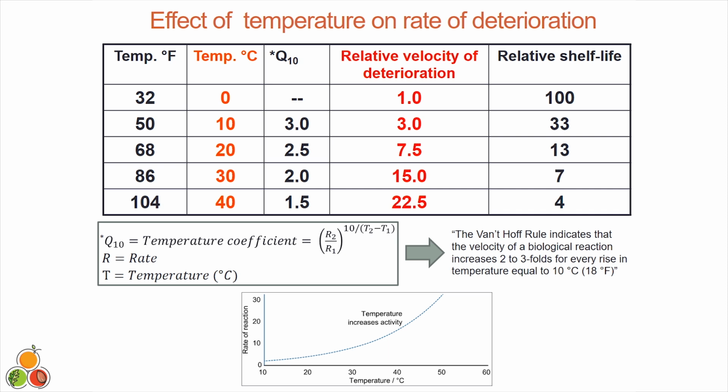Leafy greens, asparagus, and so on have high respiration rates, so that's even larger. That's what we know as the Q10 factor, or the Van't Hoff rule, which indicates that the velocity of biological reactions increases 2 to 3, or up to 4 times in some cases, for a rise of 10 degrees Celsius, which is very concerning. So keeping the temperature low, earlier, is better.